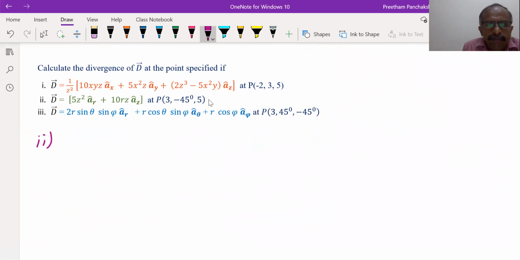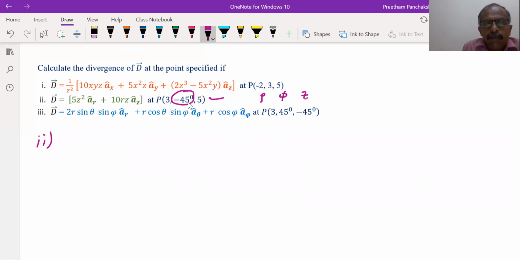See, part 2 of the problem is in cylindrical coordinate system because there is only one angle. One angle means cylindrical coordinate system. In the cylindrical coordinate system, we have the variables rho, phi, z. So phi is the only angle here.